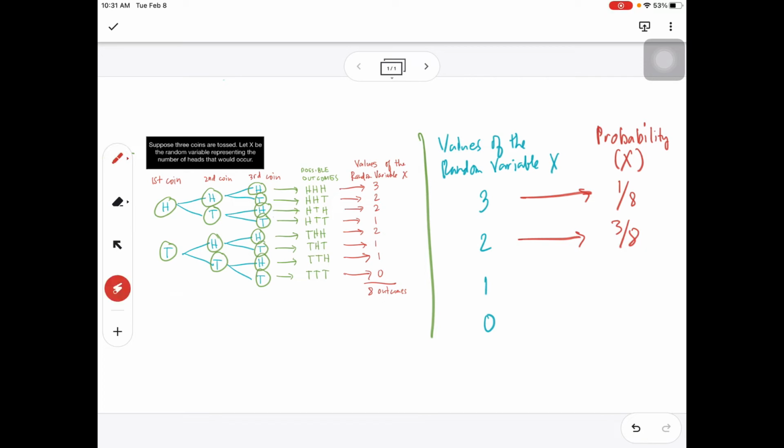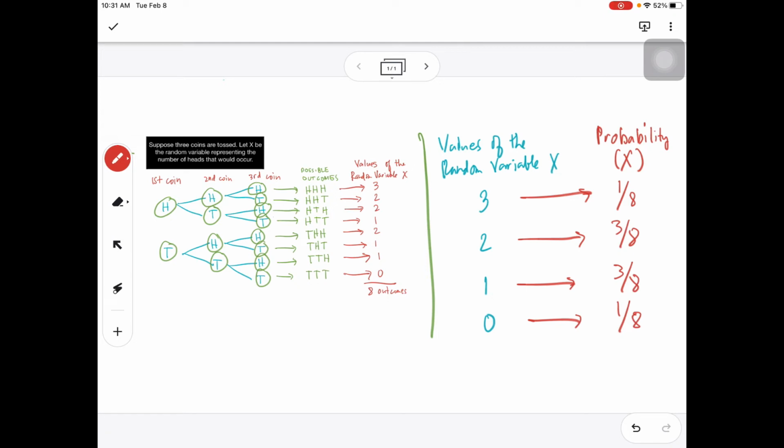Then for 1, 1, 2, and 3, so this is also 3 over 8. And finally, we have 0, so it's 1 over 8. So that's how we construct the probability distribution for this probability experiment.